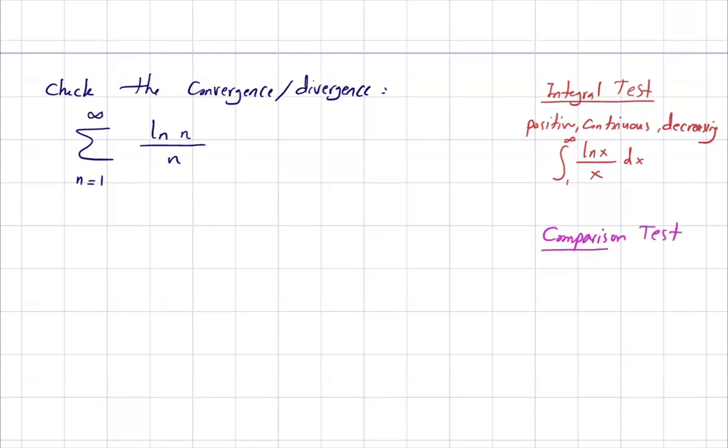In the comparison test, by looking at the series, if you can find a simpler series that you already know how it behaves, then you can apply that comparing two series. For the comparison test, we have two cases, two scenarios. Case 1 is when an is less than equals to bn, and the larger series is convergent, and then you can conclude that the smaller series is convergent as well.